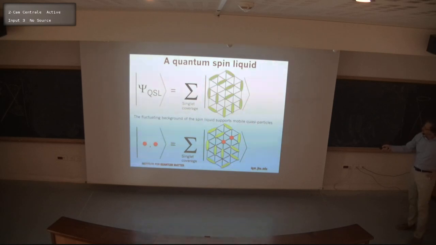And why is that? Because when I promote a singlet to a triplet, then as a result of the quantum superposition that underlies the state, these two parts of the triplet can actually move apart and become independent degrees of freedom in this system. These are topologically connected in the sense that I can really only create them in pairs. But once I've created a pair, then they can move apart.